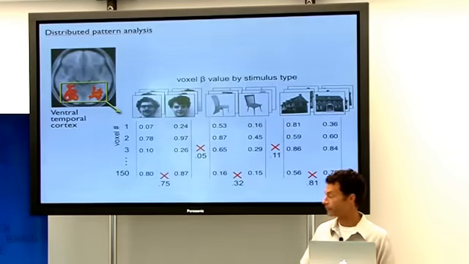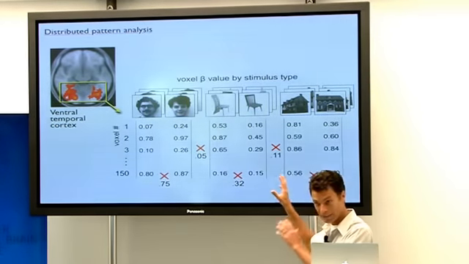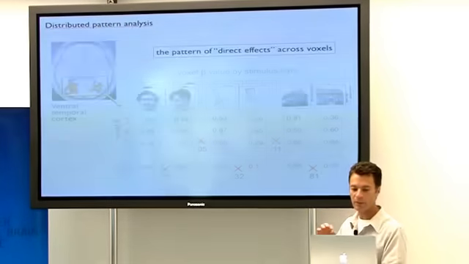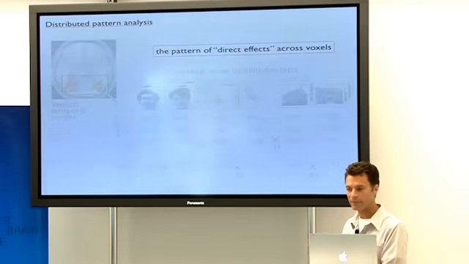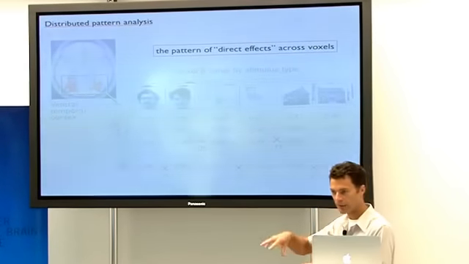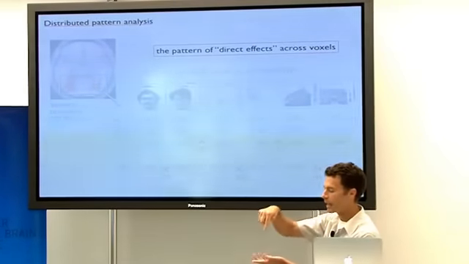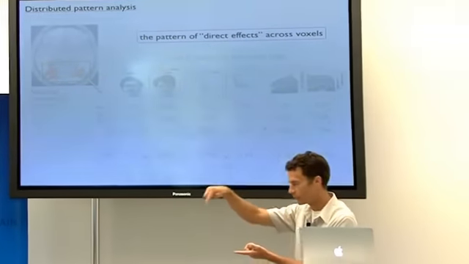That's the general idea. But in any event, essentially what's being measured here is the pattern of direct effects across voxels. You have a set of voxels, and you measure how much this point in the brain liked stimulus 1 and stimulus 2, averaged across all the times I presented it. Then you get that pattern across all the voxels, and that's the basis of a multivoxel pattern analysis. Any questions about that basic idea? Okay.